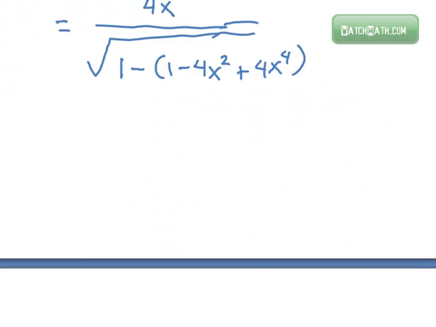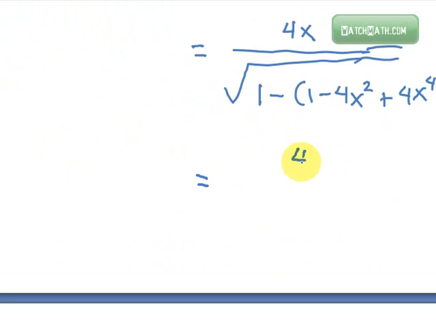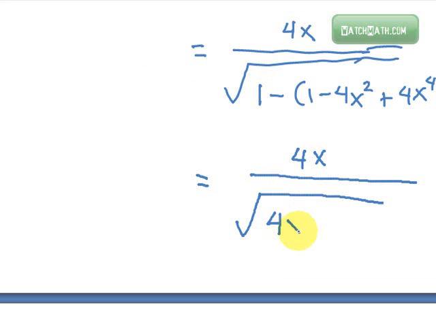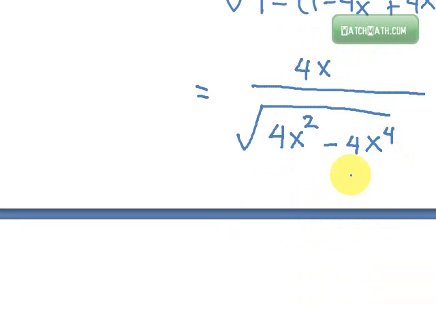If we simplify further, we have 4x divided by, we can cancel the 1, so 4x squared minus 4x to the 4th. This is 4x.